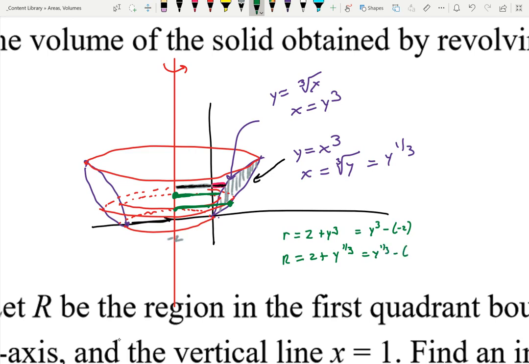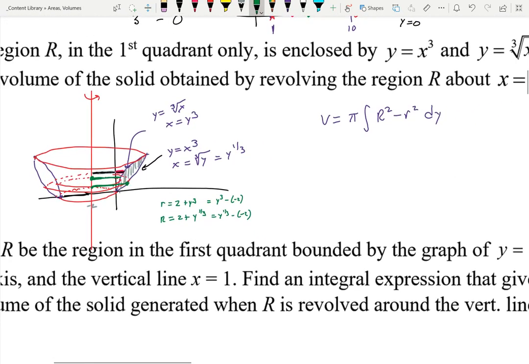So the previous one was axis of rotation minus function. These are of the form function minus axis of rotation. The inner and the outer radii are always going to be one of those two things, either axis minus function or function minus axis. All right, so let's take those inner and outer radii and substitute them in up here.